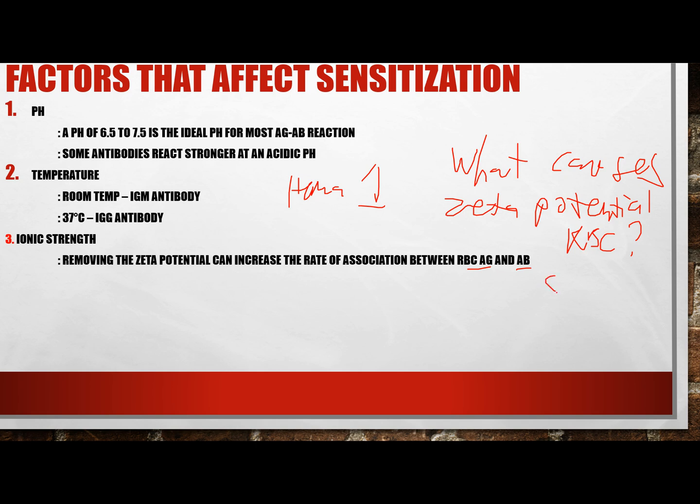So the answer, class, is the sialic acid of the RBC. The sialic acid would allow for the zeta potential to occur. So take note of that. Now, use of LISS is one way to reduce zeta potential. What is this LISS, class?